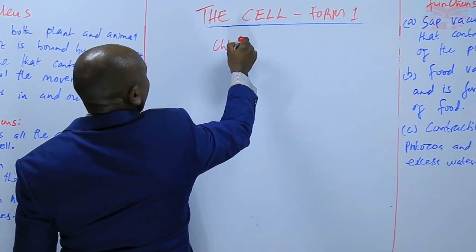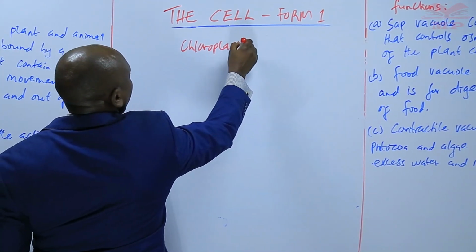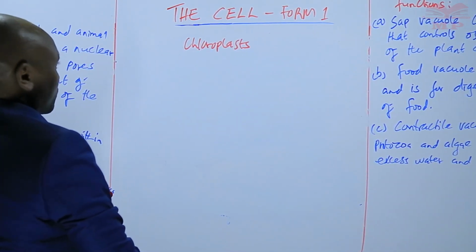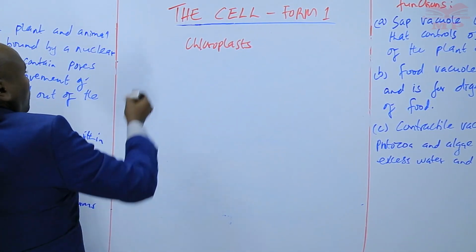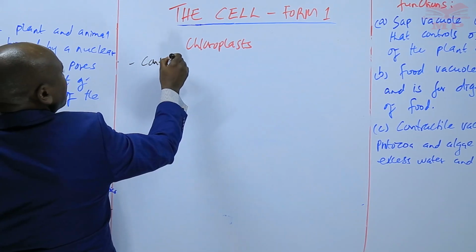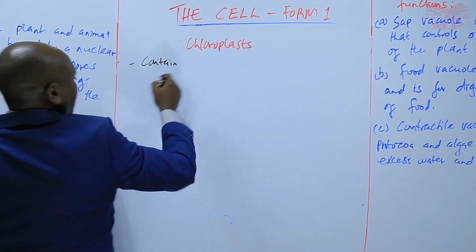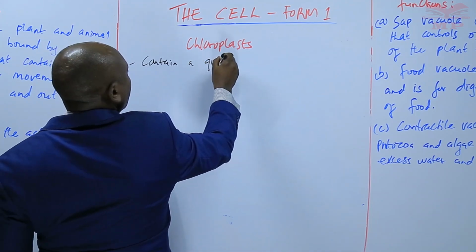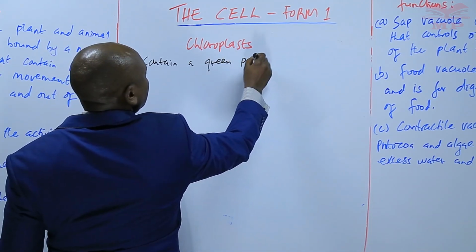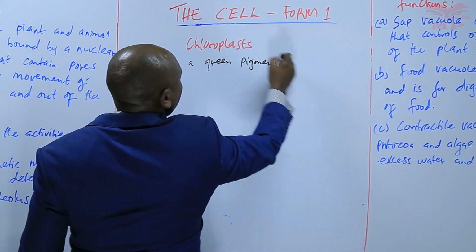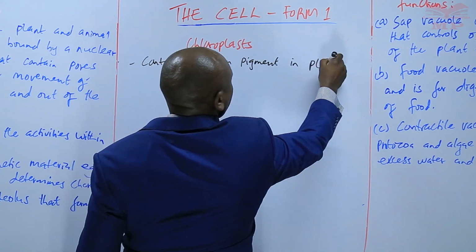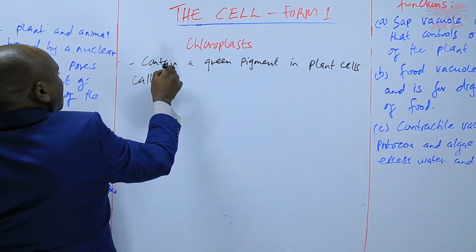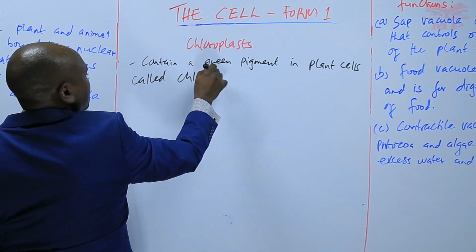We have the chloroplasts, and these ones contain a green pigment called chlorophyll.